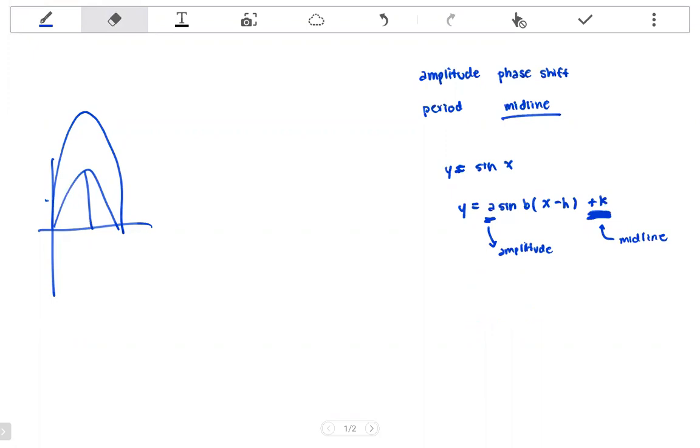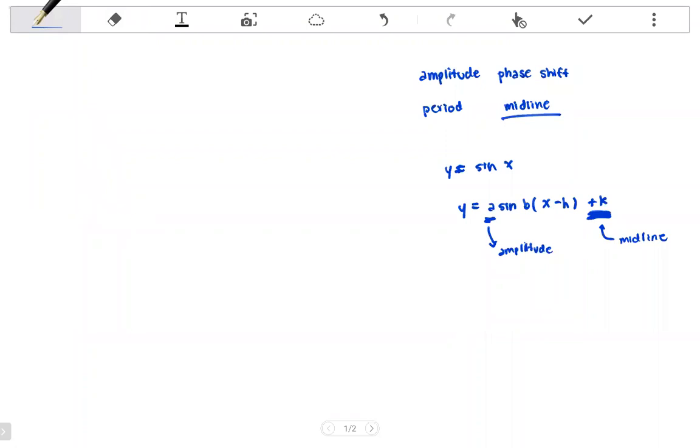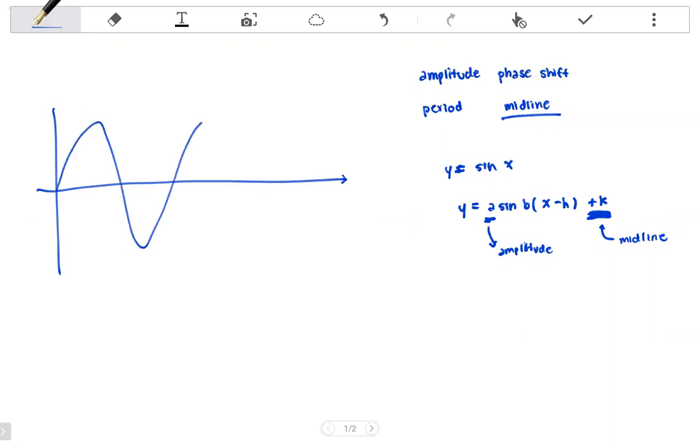So we have period and phase shift next. Let's talk about period first. Period. What is a period? So remember that these sine graphs are time graphs. So they model distance over time. This is time. So what happens in a certain number of times? That's what we're modeling with period.